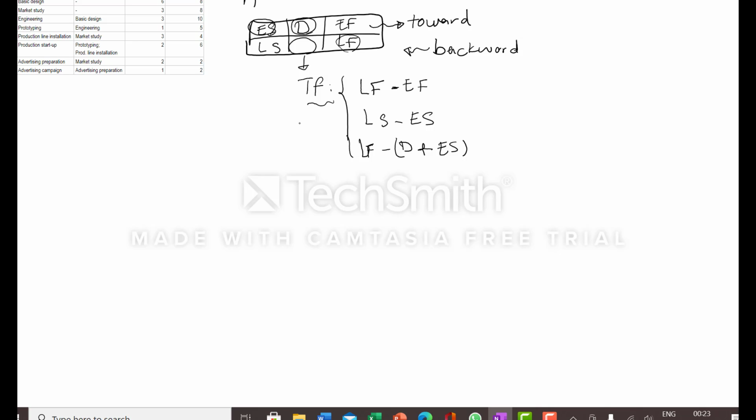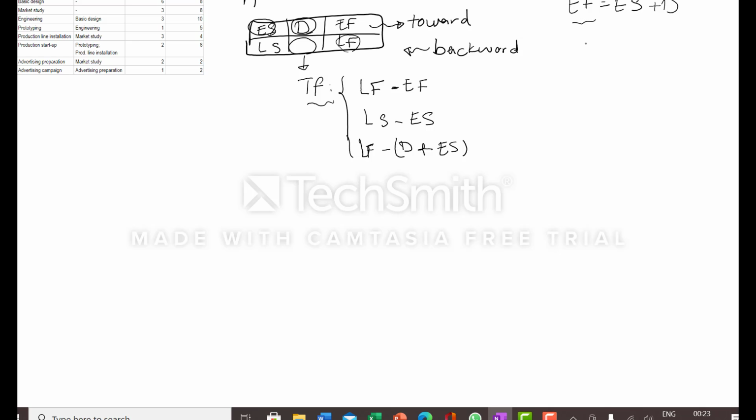But for earliest finish, if we add the duration to the earliest start, it equals the earliest finish.